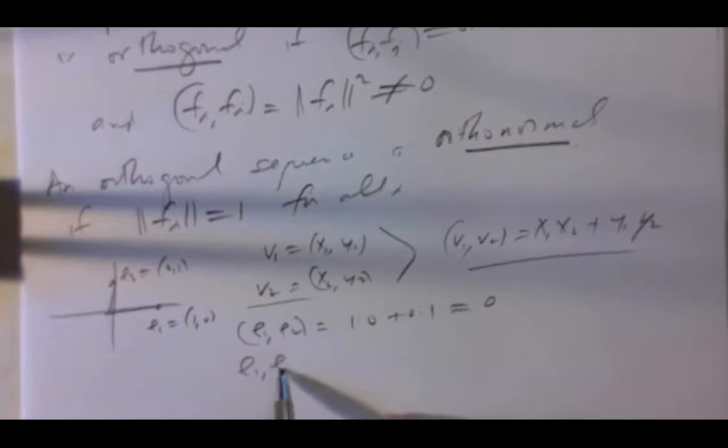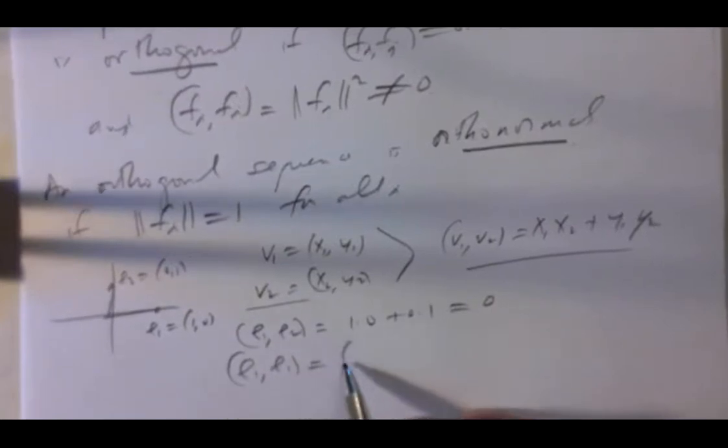The inner product of e1 with itself, and of e2 with itself, is 0 squared plus 1 squared, which is 1. So these two vectors, e1 and e2, are orthonormal.